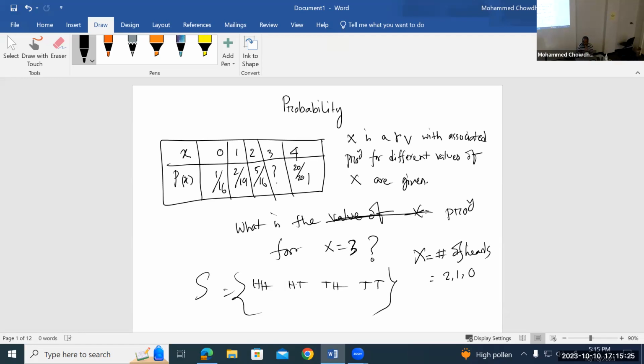So X could be written as 0, 1, 2, and then the probability of X could be written as 1 over 4, 2 over 4, 1 over 4.